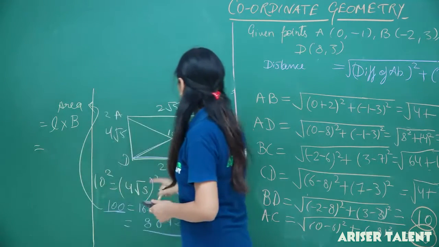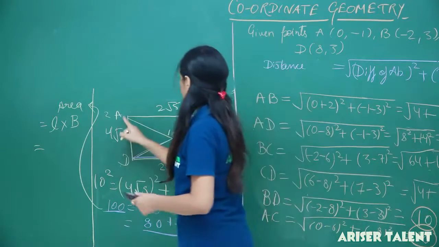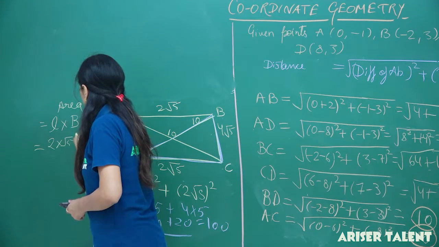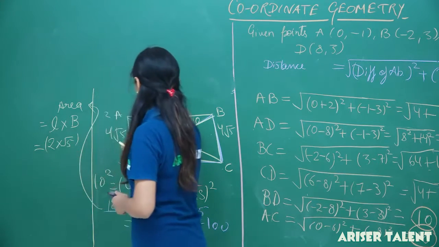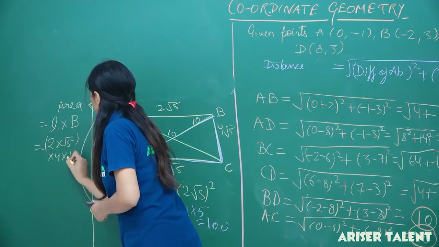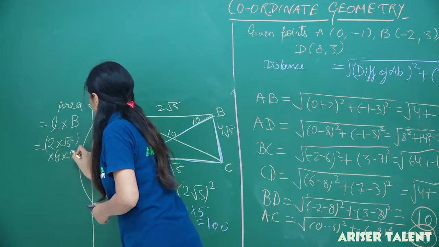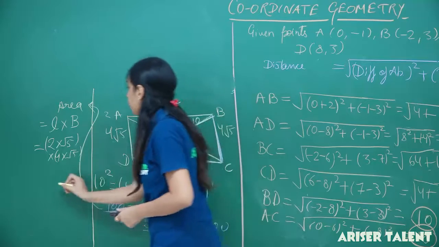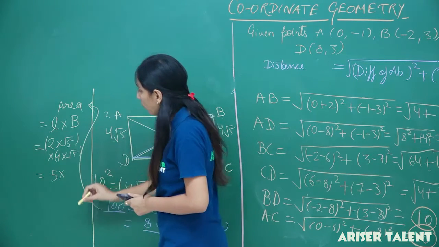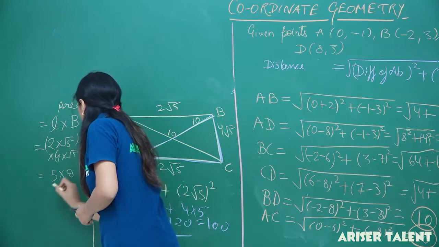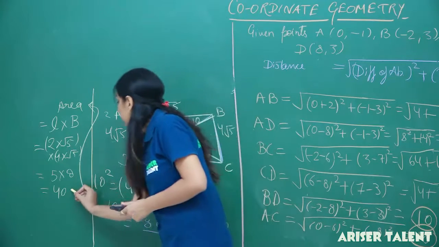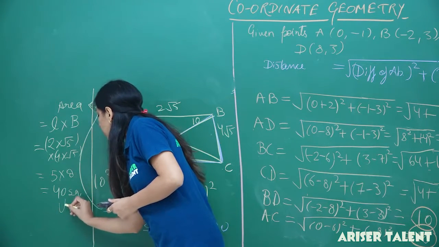Now the length is 2 root 5, multiplied by the width, 4 root 5. Now root 5 times root 5 is 5, multiplied by 2 and 4. So 2 times 4 is 8, so 40 square units.